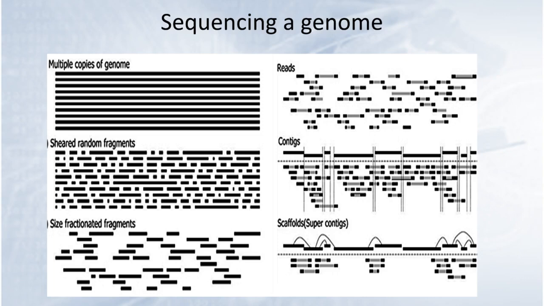So for every R1, you have an R2. And then those are put together, and this is not the first thing, but one of the first things that you'll do with your sequences, is to assemble them into contigs. And we'll talk about the logic of that and how that actually works in a moment.